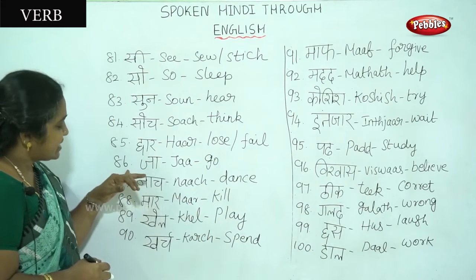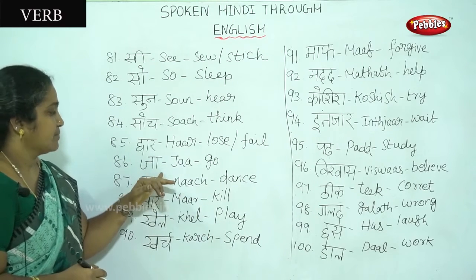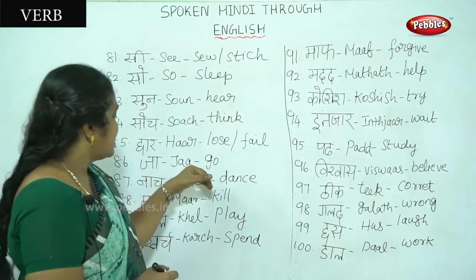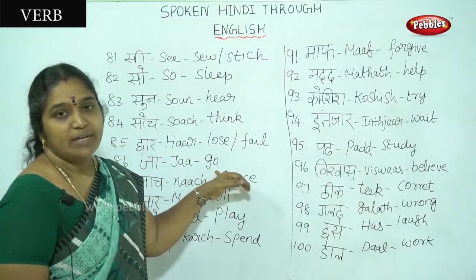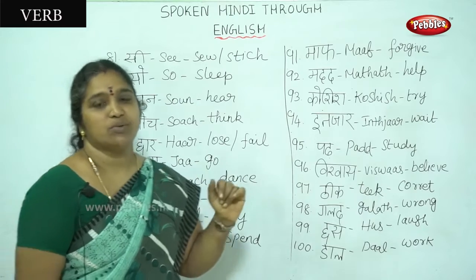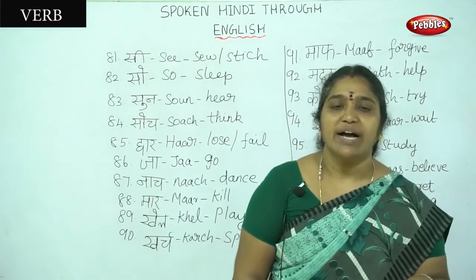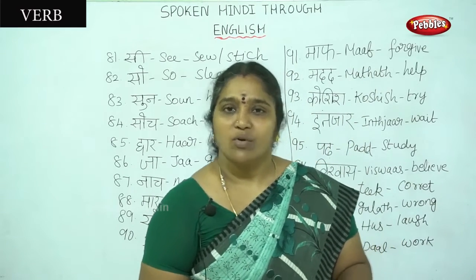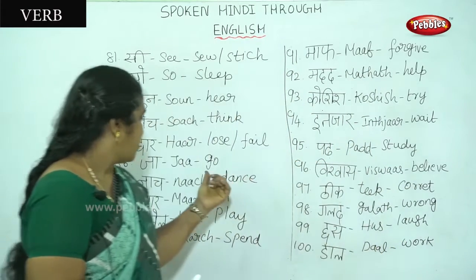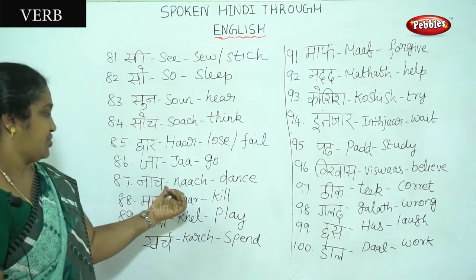The 86 is ja. The pronunciation is ja. The meaning is go. मैं मुंबई जाता हूँ means I am going to Mumbai. Then 87 is nach.